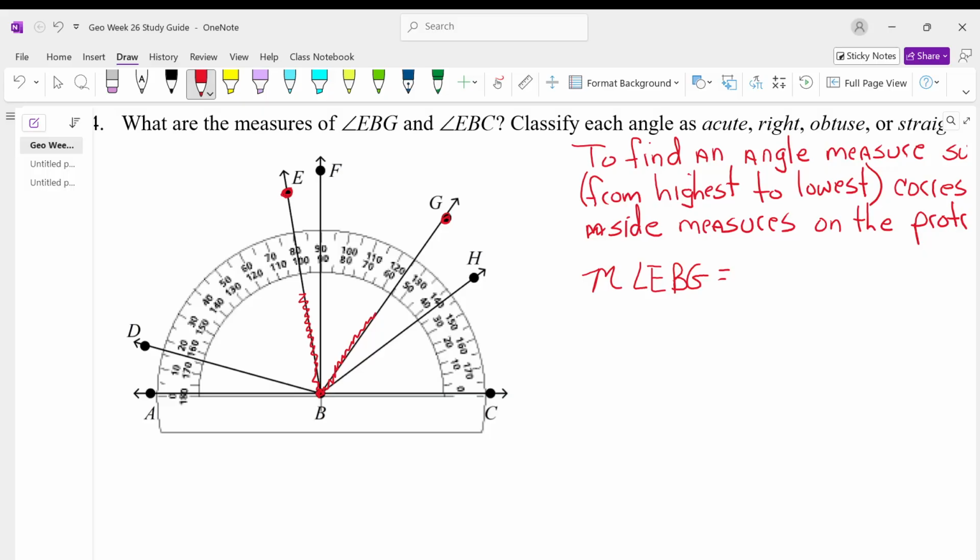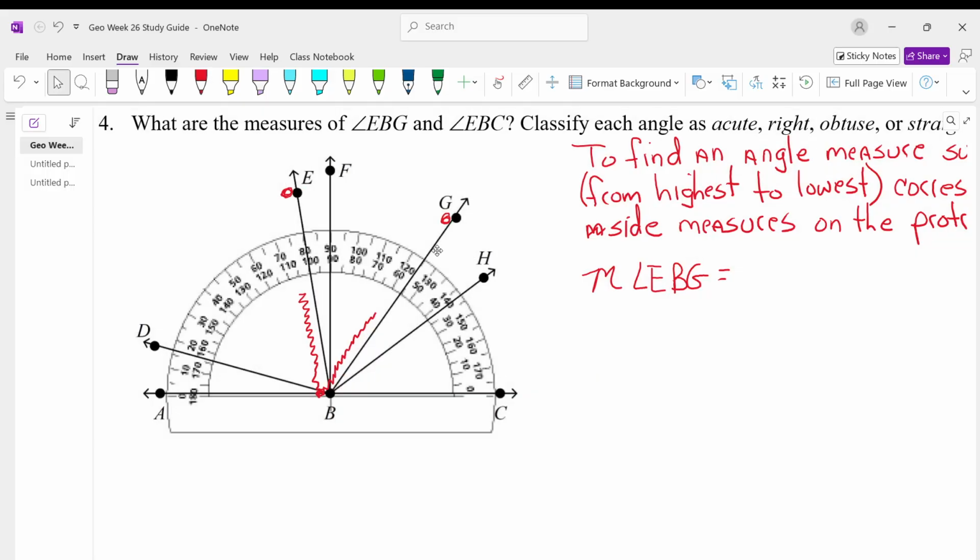All right. So we're going to take those two numbers and we're going to subtract. We can either use this outside ring of numbers or you can use the inside ring of numbers. But you're trying to find the difference between the two numbers on the protractor.